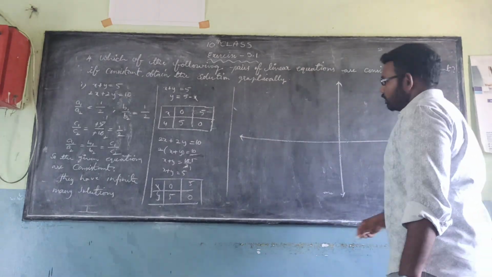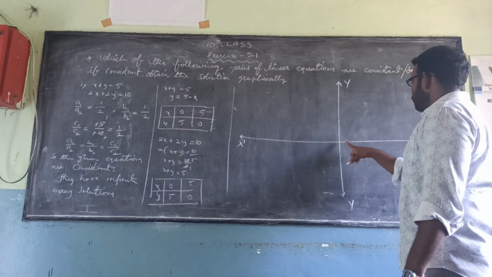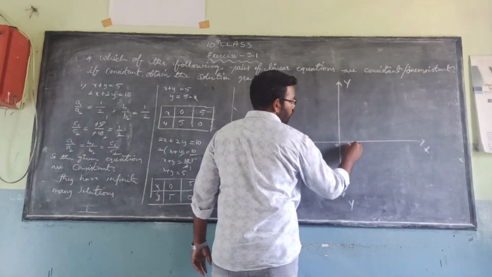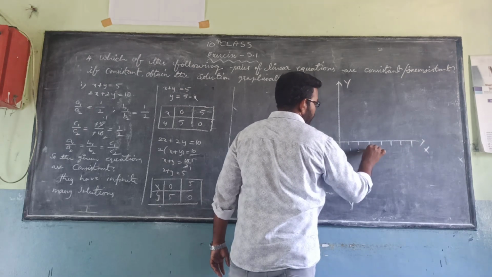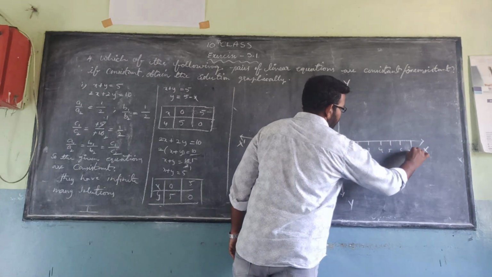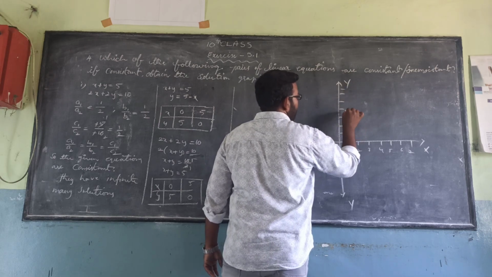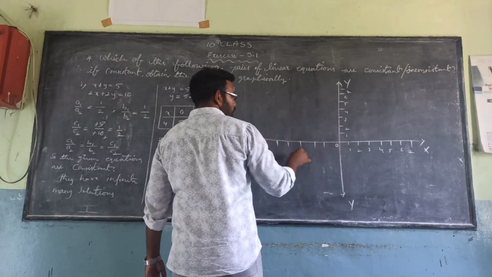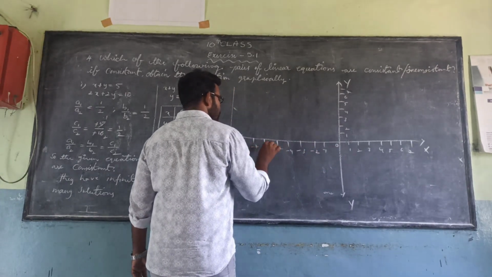this is x dash, y dash. This is the positive, this is the horizontal axis, 1 2 3 4 5 6 7, 1 2 3 4 5 6 7. Minus 1, minus 2, minus 3, minus 4, minus 5, minus 6, minus 7.